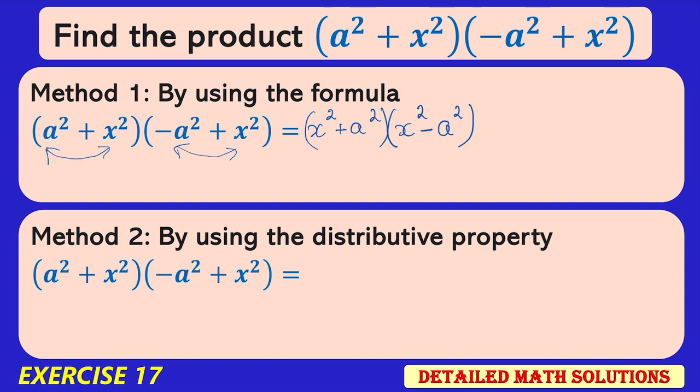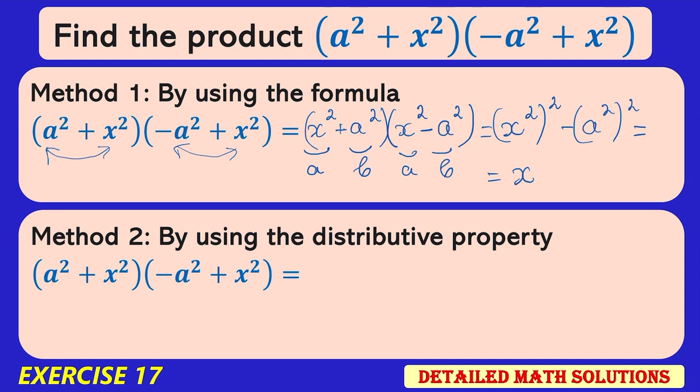In this way, x squared corresponds to the a in the formula and a squared corresponds to the b in the formula. And when I apply the formula, this equals x squared in parentheses squared minus a squared in parentheses squared, which simplified further equals x to the fourth power minus a to the fourth power.